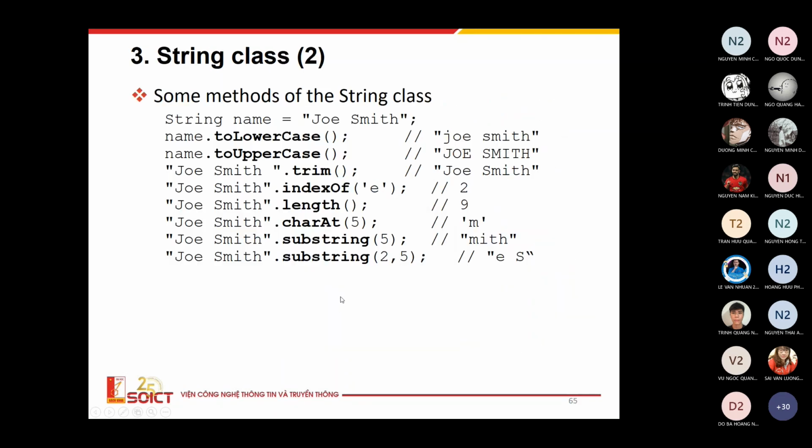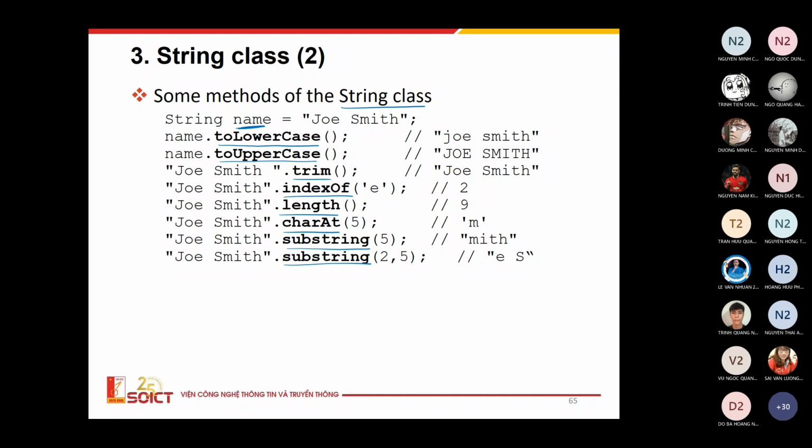Okay, and there are some methods for the String class. In the String class, you will have some methods, and these methods are applied to a string object: toLowerCase, toUpperCase, indexOf, length, charAt for the character at a position, or substring to get a shorter string from a long string.